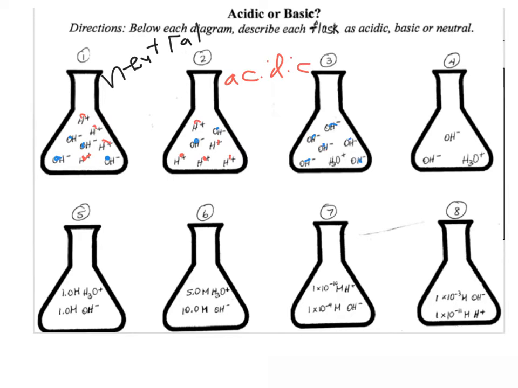This thing here, that's hydronium, H3O plus. In case you've forgotten, H3O plus is just water with an extra hydrogen ion. So it still marks something that's acidic, but I only have one hydronium ion here, and it looks like I have 6 hydroxide ions. So that's definitely going to be basic here.